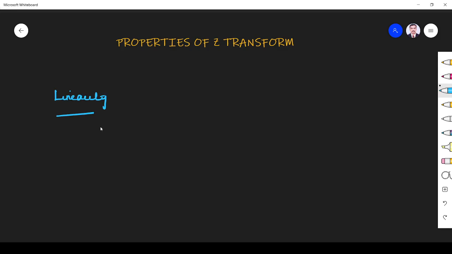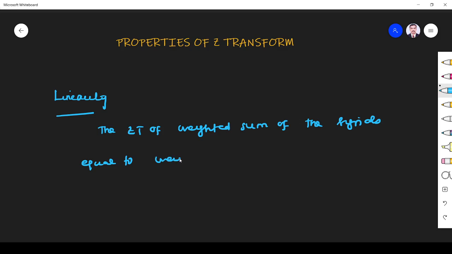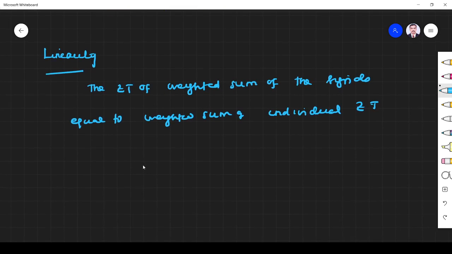What it says is that the Z transform of a weighted sum of the signals is equal to the weighted sum of individual Z transforms, right? So let us see how we can write this in mathematical format.